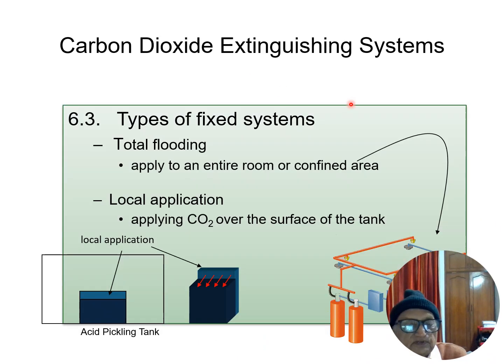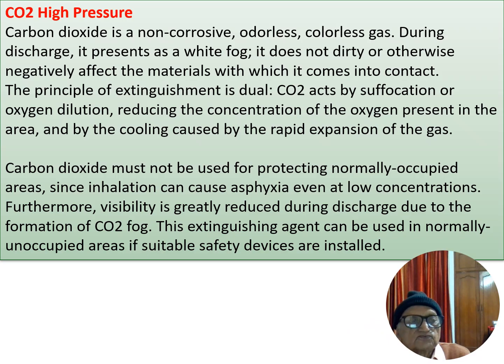I told in the previous slide that the fixed CO2 extinguishing system may be of two types: total flooding, which fills the CO2 in the entire room or any confined area, and local application, applying CO2 over the surface of the tank. For larger areas, there is another system which is known as CO2 high pressure type.